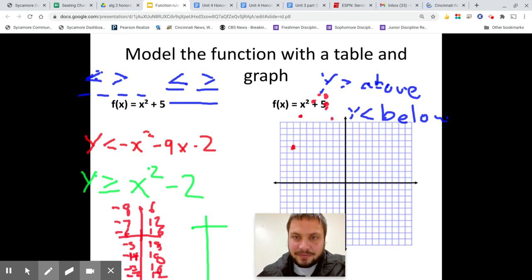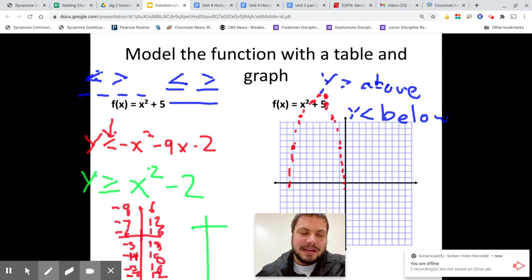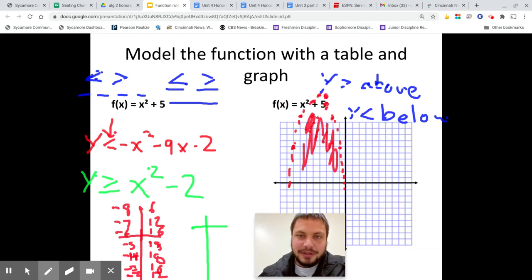And it'd be -1 and 6. And so I've got this parabola. Now, the red inequality symbol is just less than, so I'm going to connect these with a dashed line. It says that y is less, so I'm going to end up shading below. I'll scribble in a little bit below, so I know that that's where I'm at.